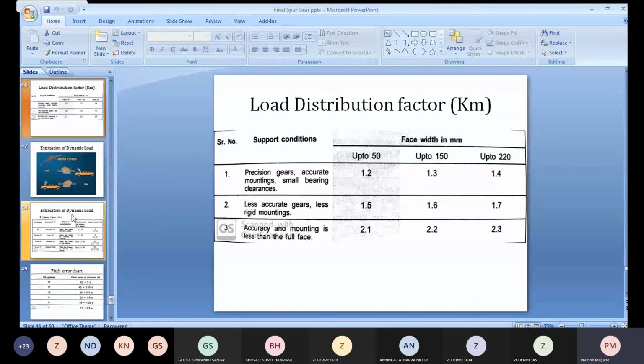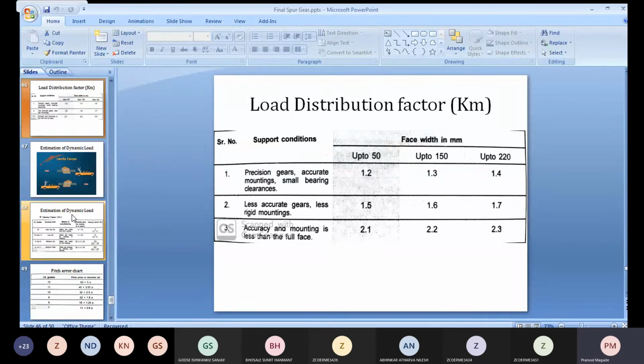If they have not mentioned these support conditions, they will give you the dimensions. If the face width is between 0 and 10, for bearing I will have to select 1.2. For face width between 10 to 50, in that case 1.5, and so on.